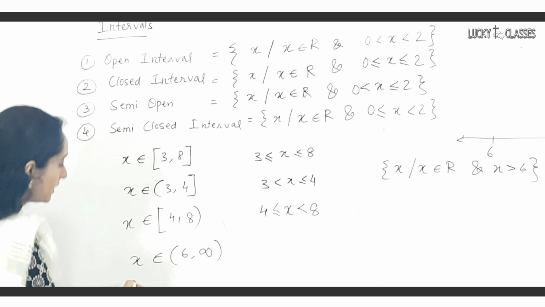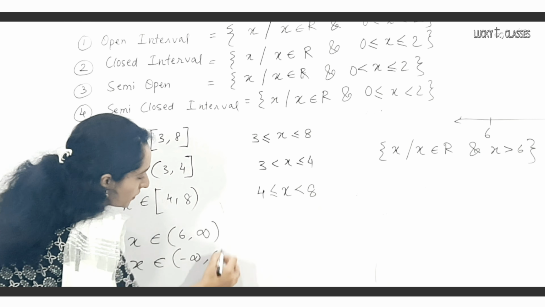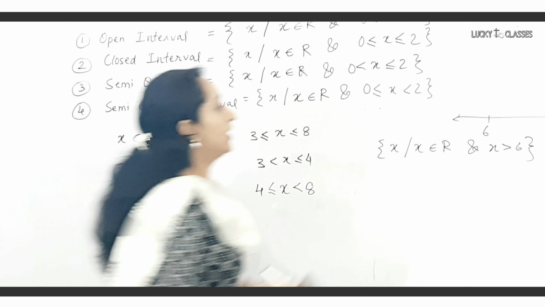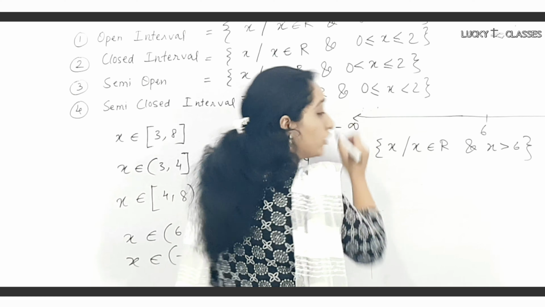Likewise, if I say x belongs to minus infinity, 6, then on the number line, minus infinity will obviously come on the left hand side. We don't know that value as well.